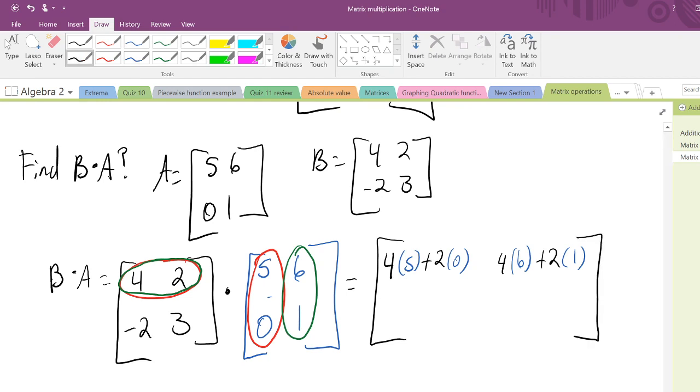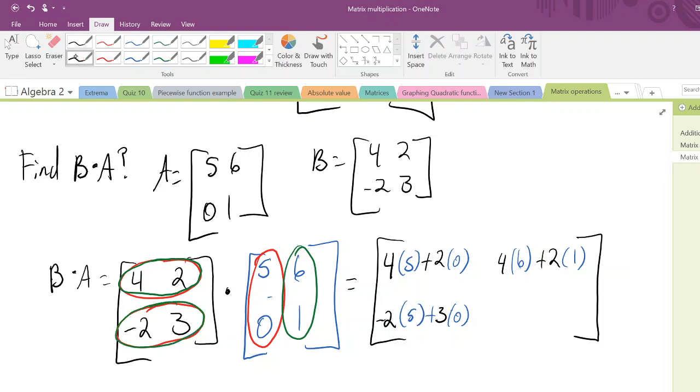Alright, and then I'm going to do the same thing now with the second row. Second row times the first column, second row times the second column. So the second row, I'm going to do negative 2 times 5, and then plus 3 times 0, and then I'm going to do the last one, the second row times the second column.